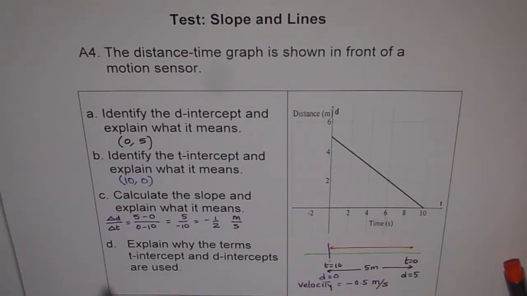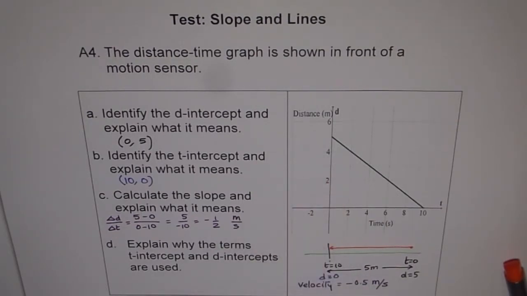D. Explain why the terms t-intercept and d-intercept are used. I answered this question right in the very beginning. T-intercept, because our horizontal axis is t, not x. So the point where the line crosses the horizontal axis will be called the t-intercept. Our vertical axis is d.